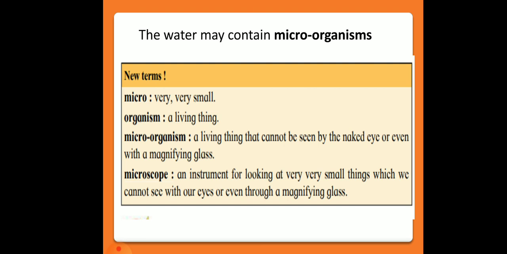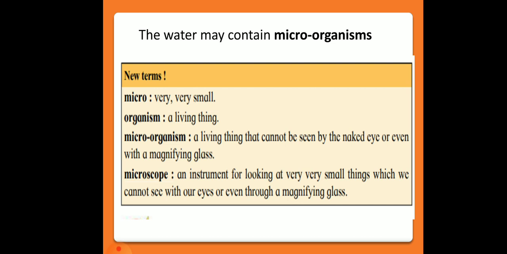So, children, even after making the water clean and transparent, the water may contain microorganisms. Again, here microorganisms is a new term for you all. Children, micro means very very small and organism means a living thing.